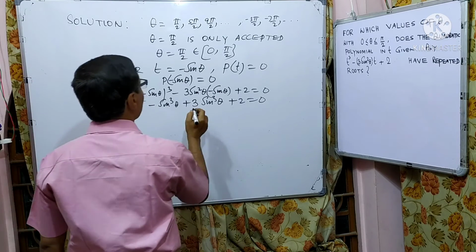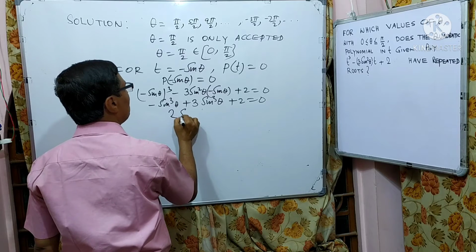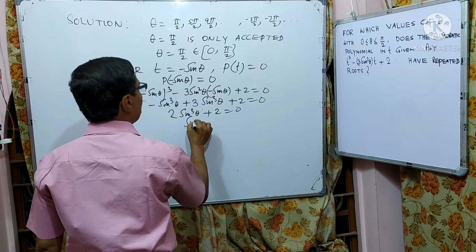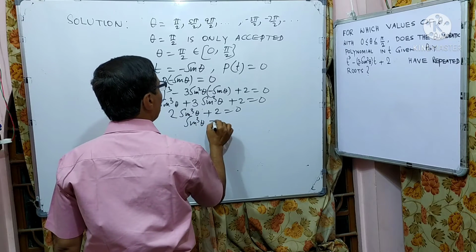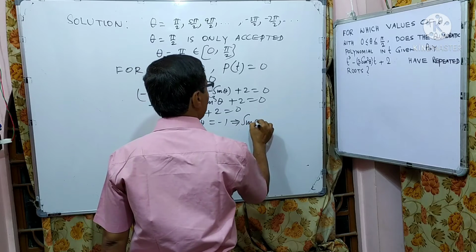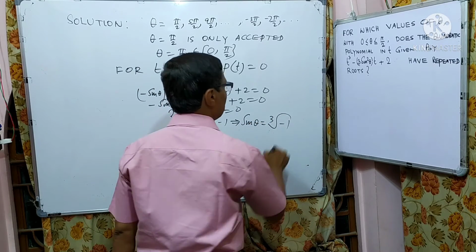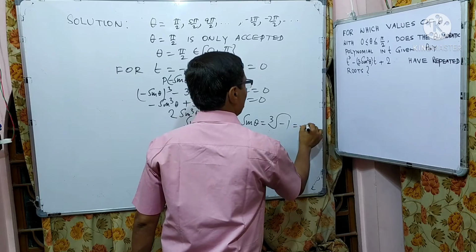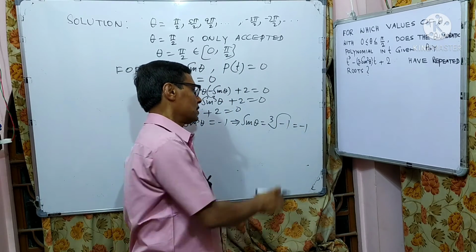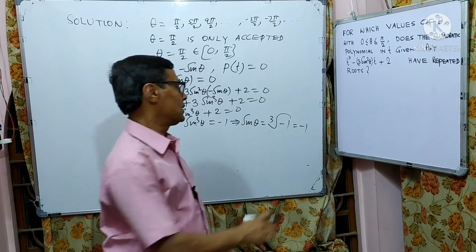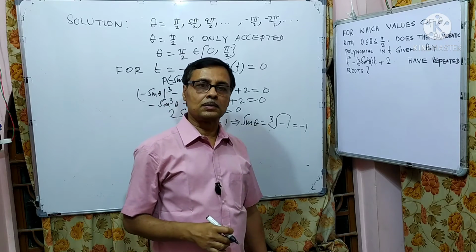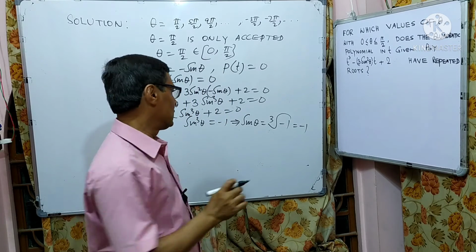So 2 sin cube theta plus 2 equal to 0, that is sin cube theta equal to minus 1, and this implies sin theta equal to cube root of minus 1, that is equal to minus 1. This is the only real root of this equation, and the other two roots are imaginary.